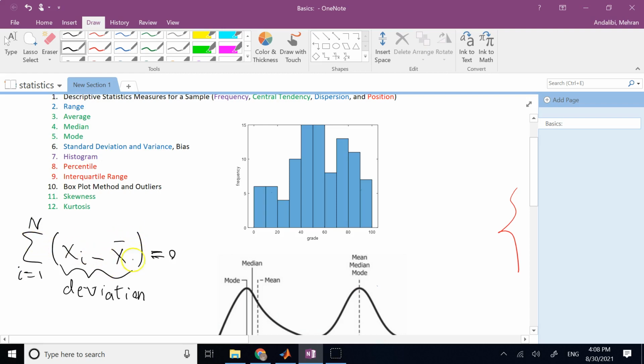So the sum of these deviations is not going to give me anything. It doesn't matter how large or small these deviations are, if the data are far from the average or very close to the average, if I simply add them together.